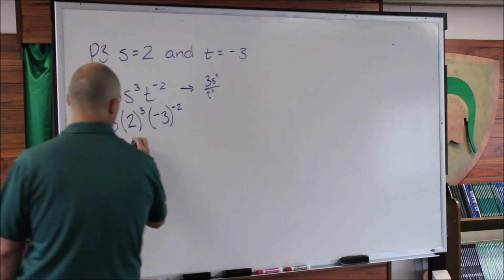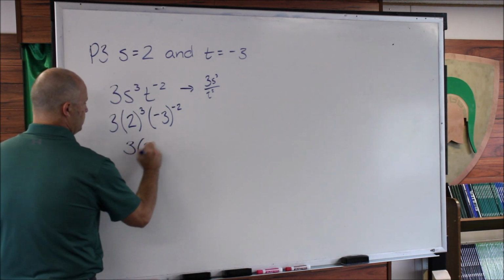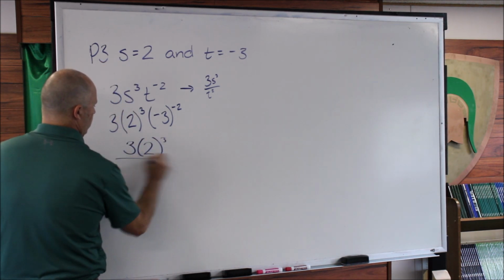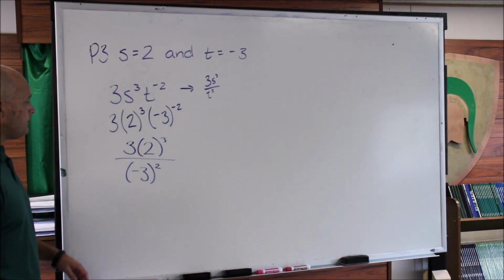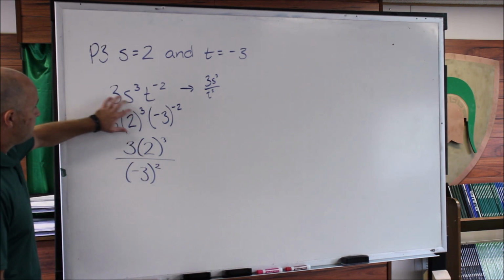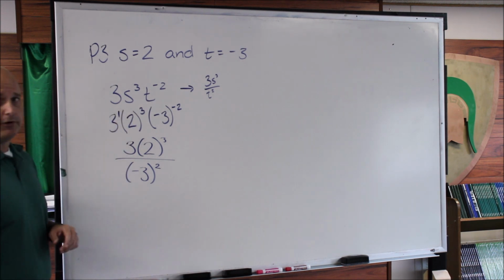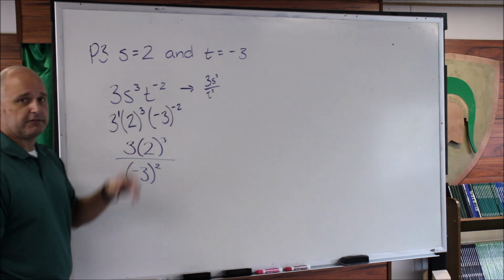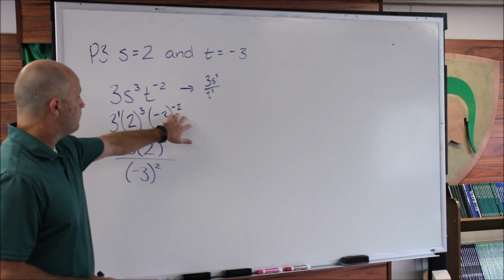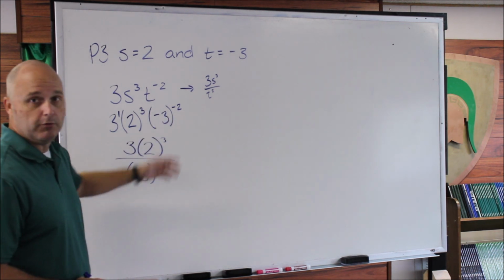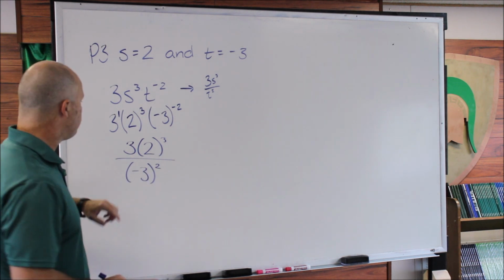So I'm going to rewrite this as 3 times 2 cubed over -3 squared. You can see that because the 3 has an exponent of 1 and this 2 has an exponent of 3, there's nothing that I need to do with that. The -3 raised to the -2nd power needed to be moved or flipped down into the denominator.